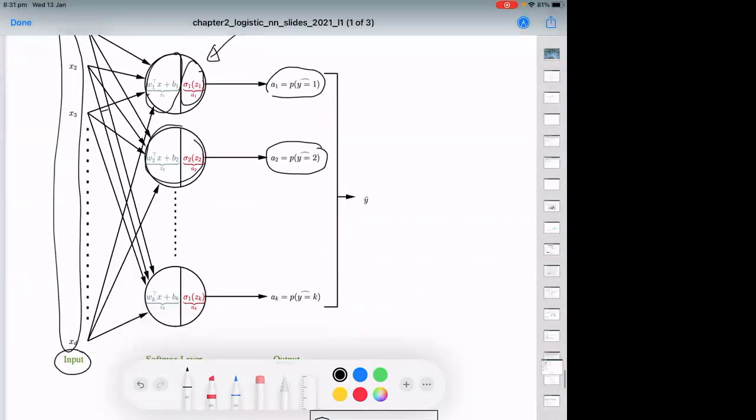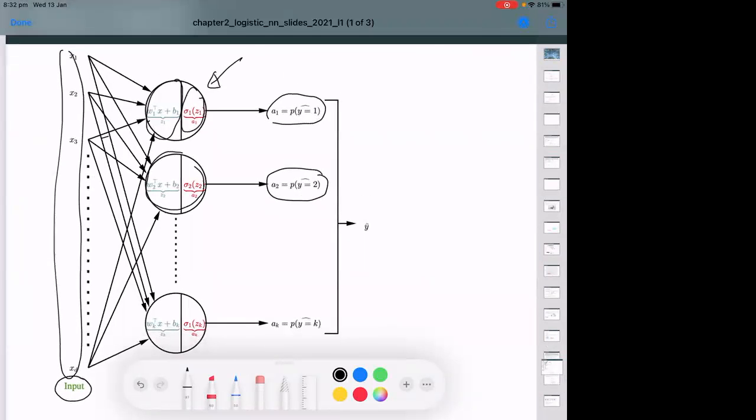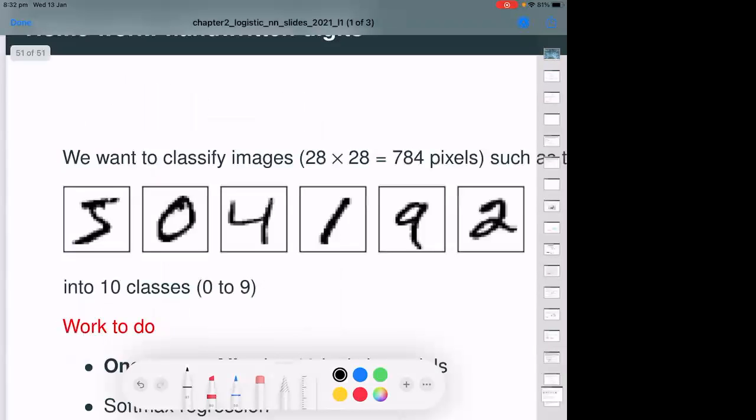It's not like you separate your model and calculate K logistic models. It's all together. At the end of your neural network, it gives a vector of probabilities.